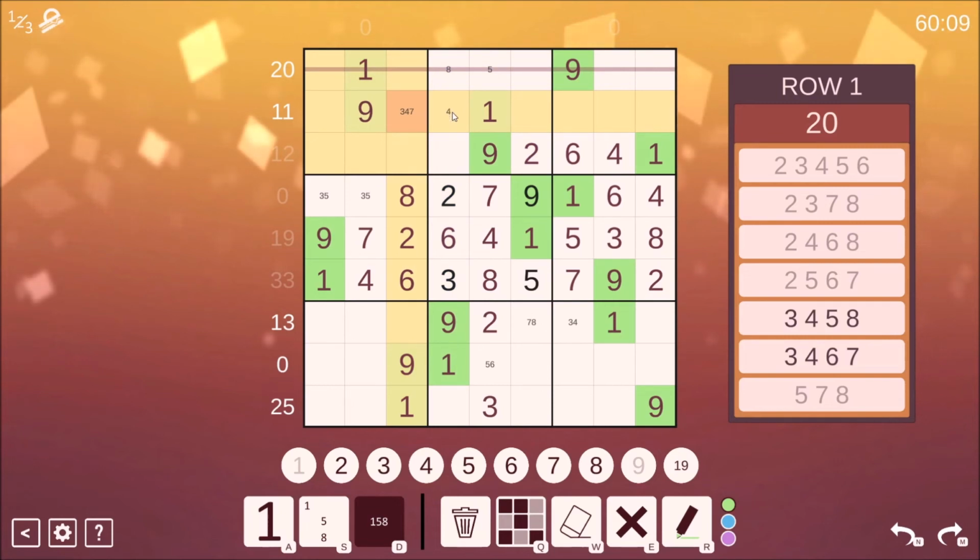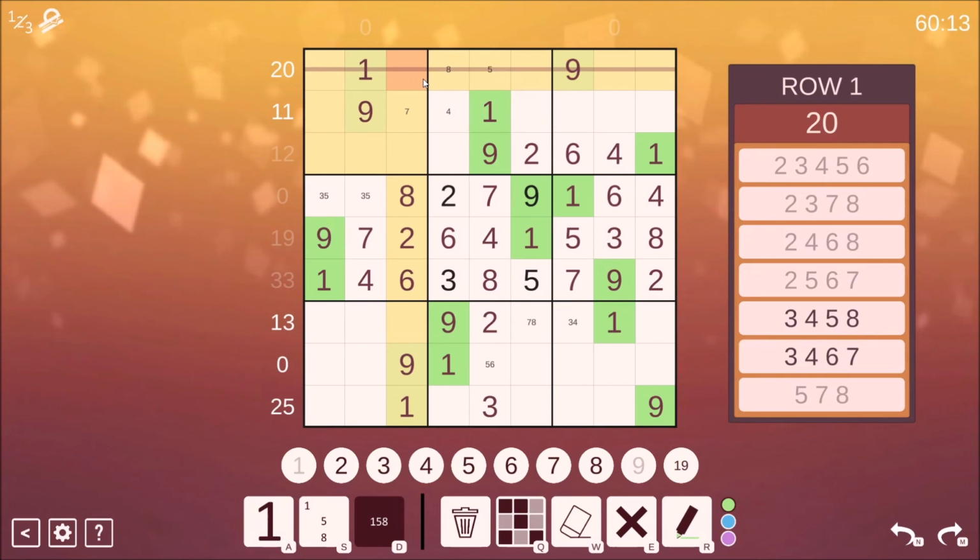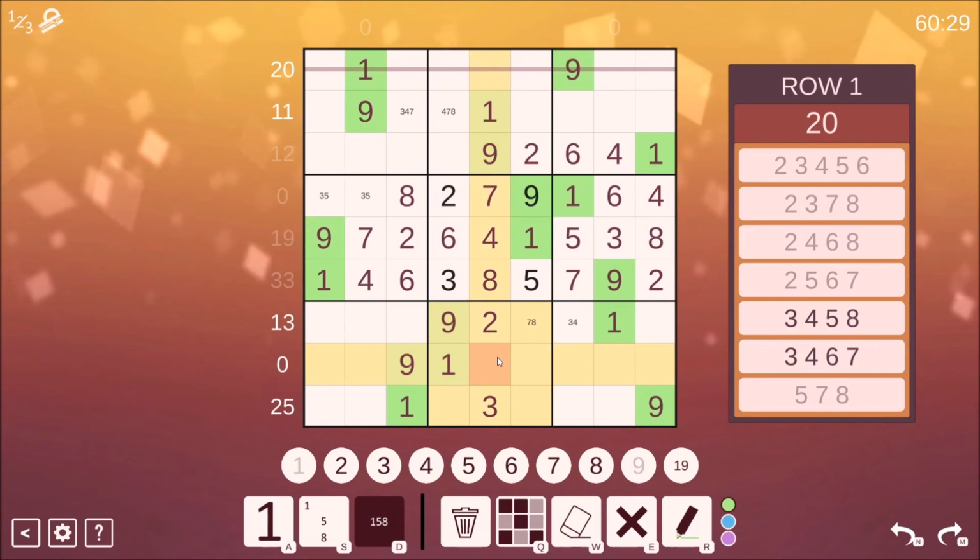This would be a 7. And we could have a 3 or a 4 in either of those. So yeah, let's not go down that rabbit hole again. That's not going to be useful. But we should note that those are a 5-6 pair.